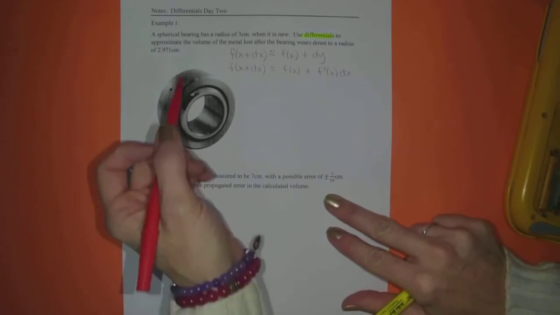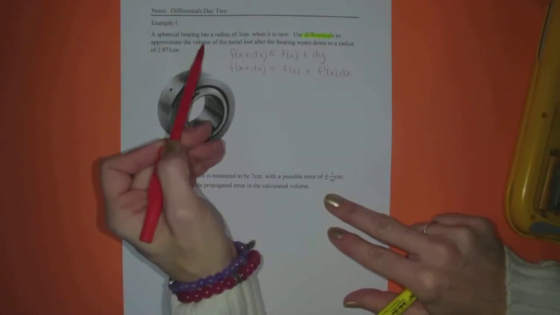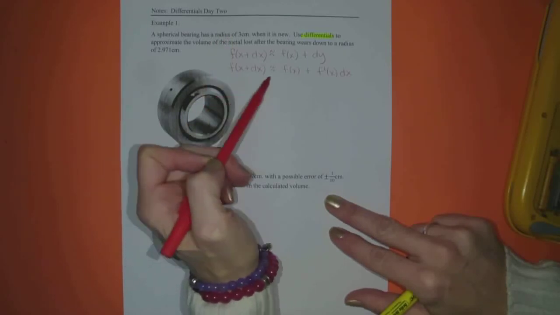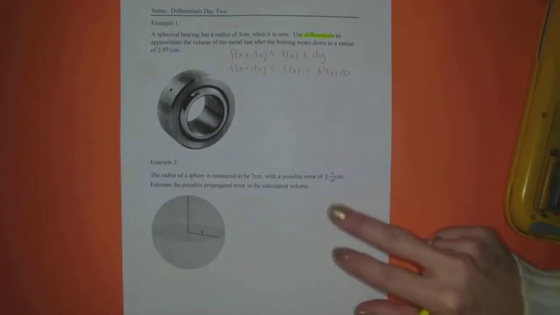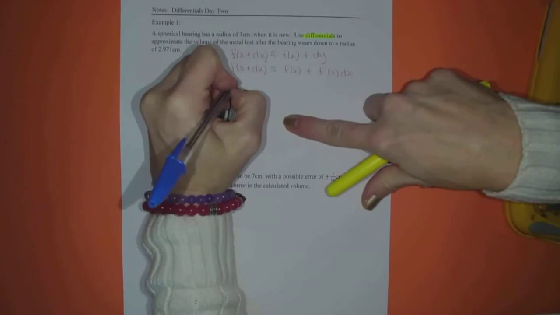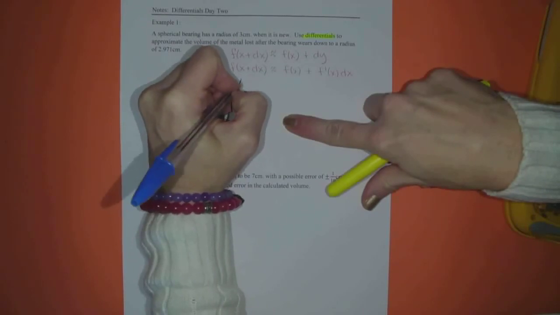Now in this problem, we're talking about volume and radius. So watch what I'm going to do to my formula. I'm going to change it and I'm going to change colors. I'm going to do volume instead of f.